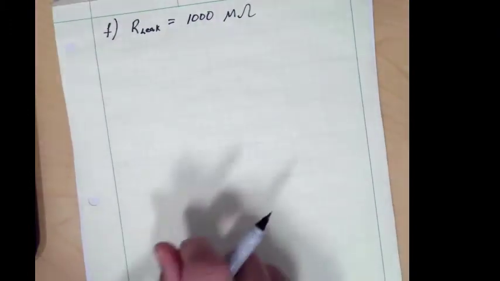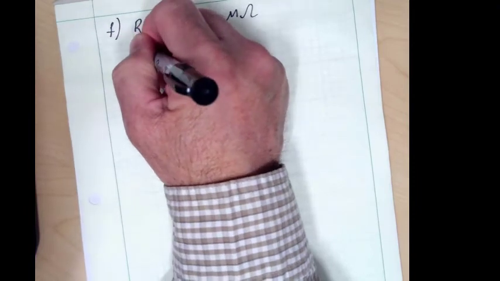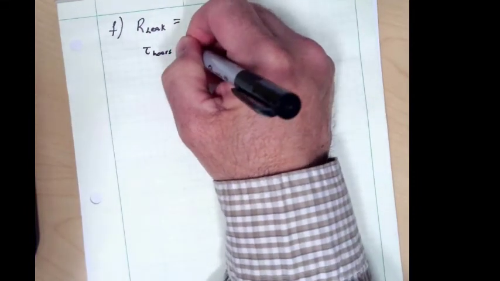Well, the implication of that is, if the capacitor is charged up and we were to remove the power source to that capacitor and just let it discharge using its own internal resistance, that internal resistance would be 1,000 megohms. So what is the time in hours for discharge?